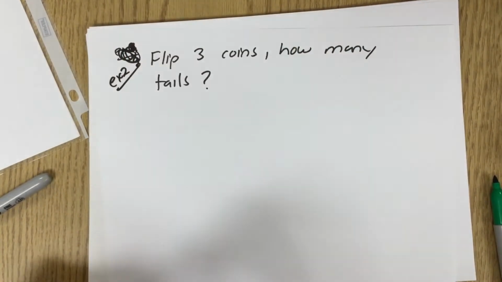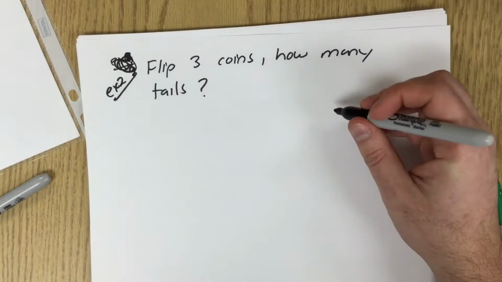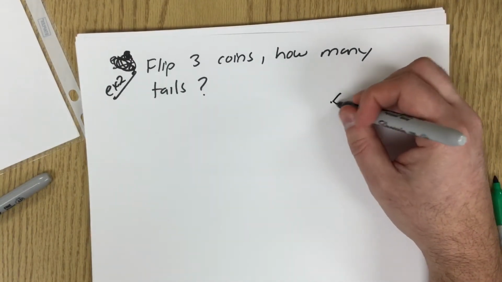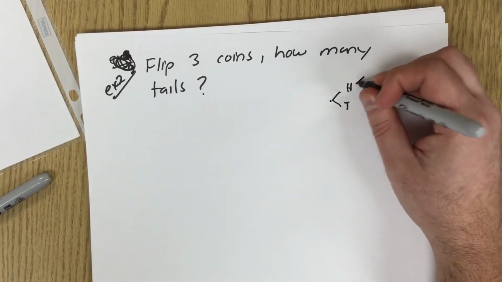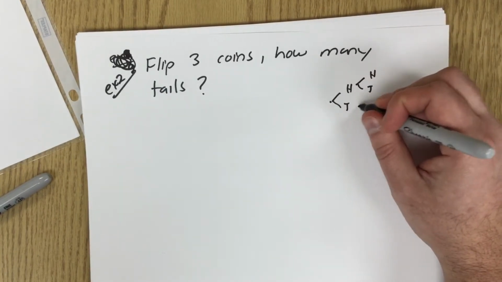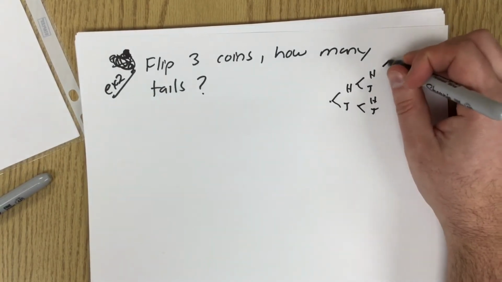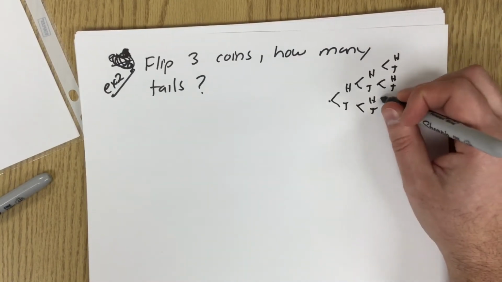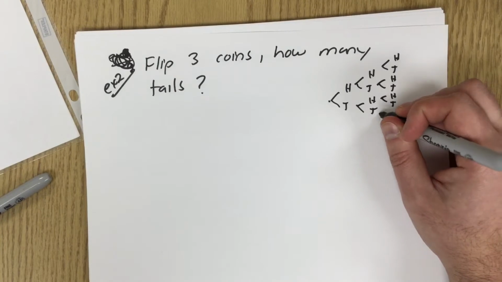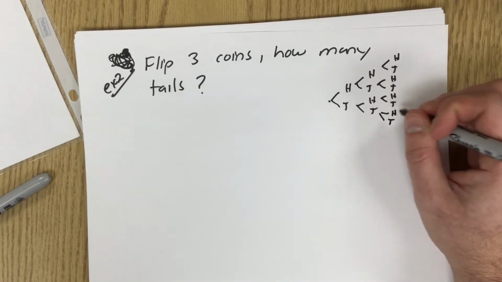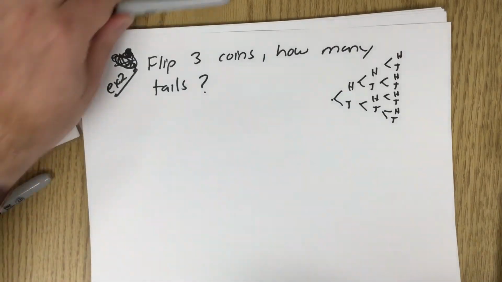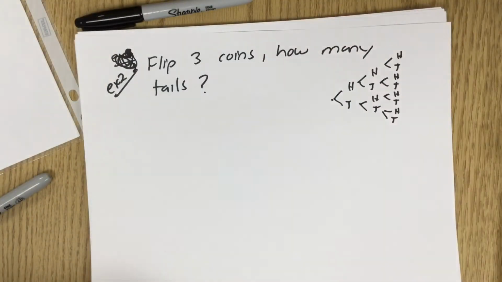Example 2. So we flip 3 coins. Same idea, so we'll draw a little helpful tree diagram over here so we know kind of what we're talking about. I'm not saying you always have to do that, but we're doing that here.